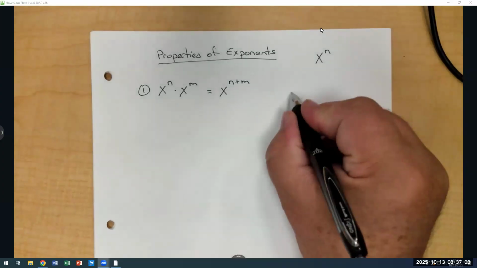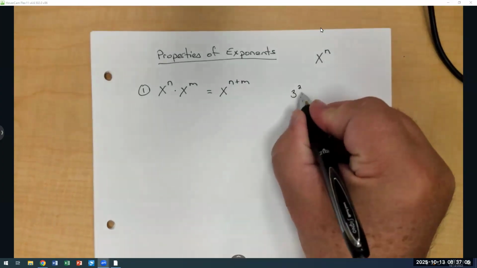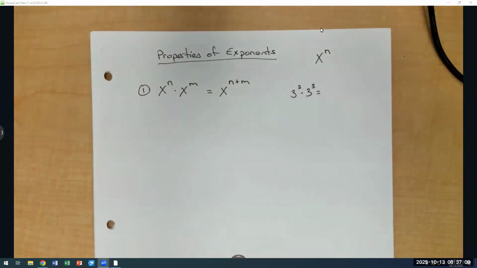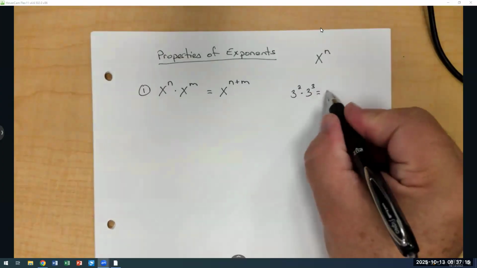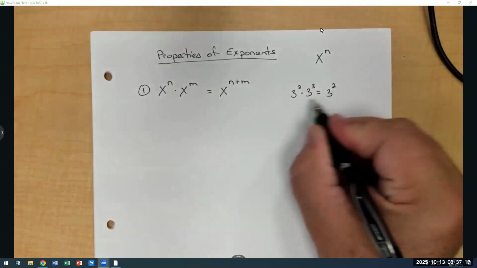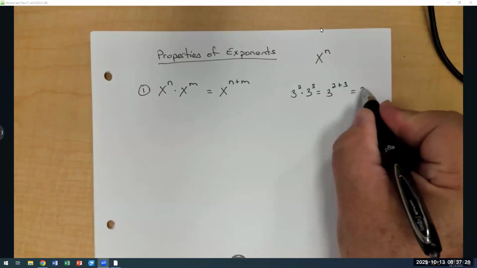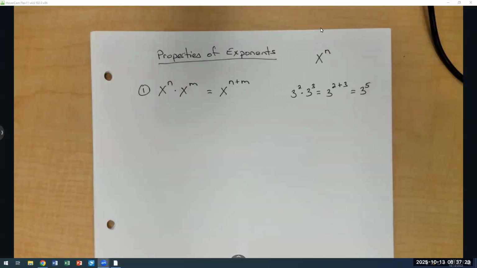For example, we had 3 squared times 3 to the third. What's that going to equal? Since the bases are the same, I add the exponents. I get 3 to the fifth.